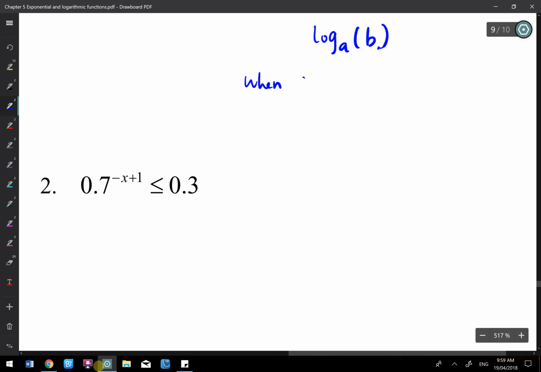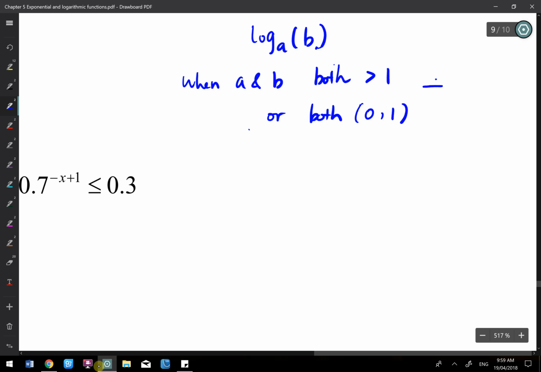When a and b are both greater than 1, or both between 0 and 1, it is positive.